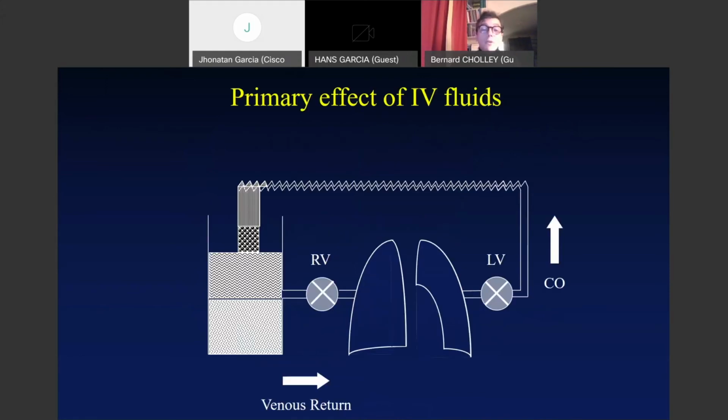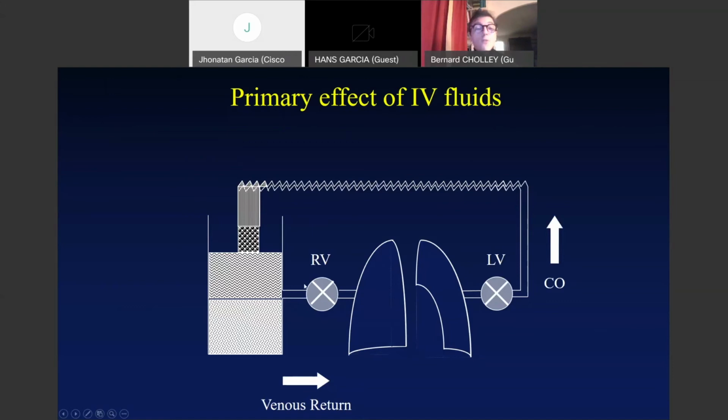I have to remember that this is a circulatory system with the right ventricle ejecting into the lungs, the blood from the lungs returning to the left ventricle ejecting into the aorta, the arterioles, the capillaries, and here my venous reservoir, and the blood from the venous reservoir returning to the right heart.